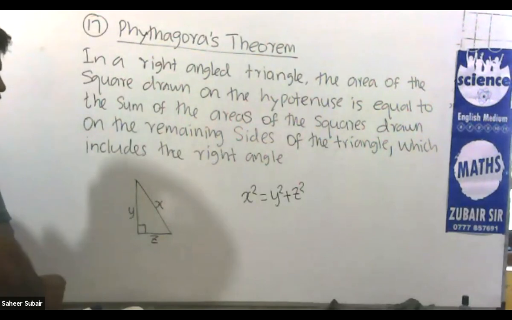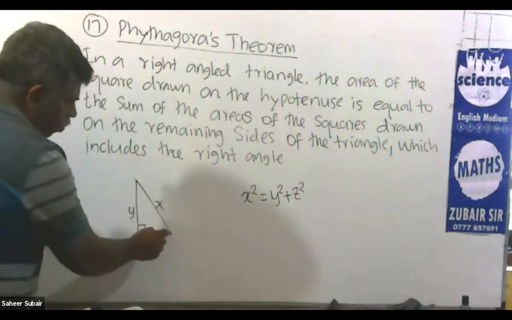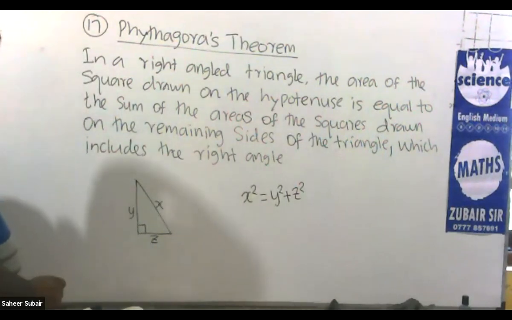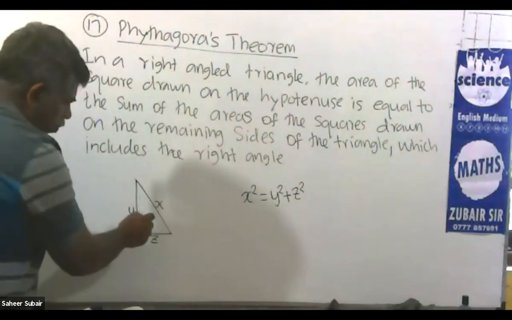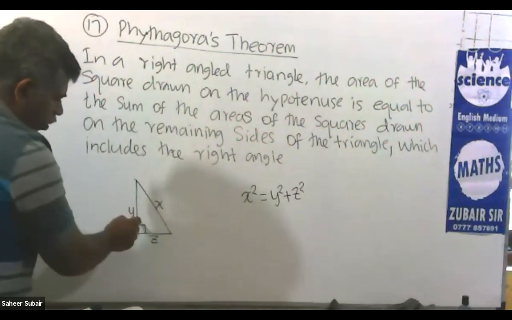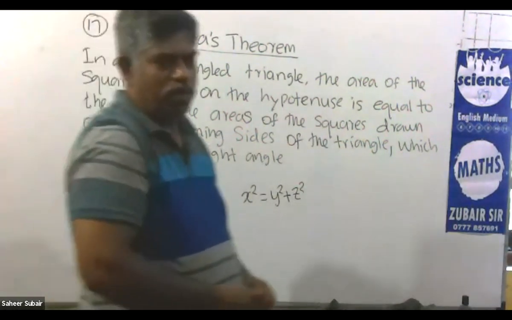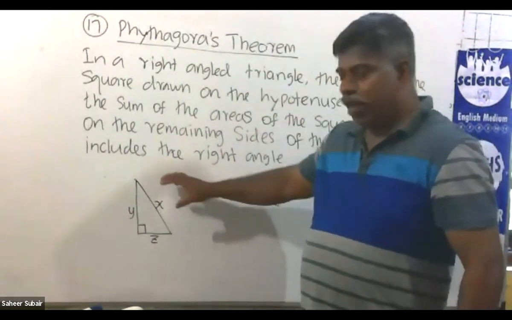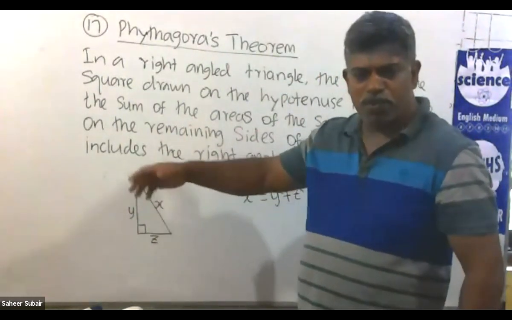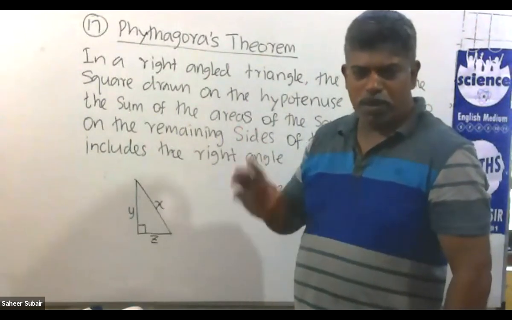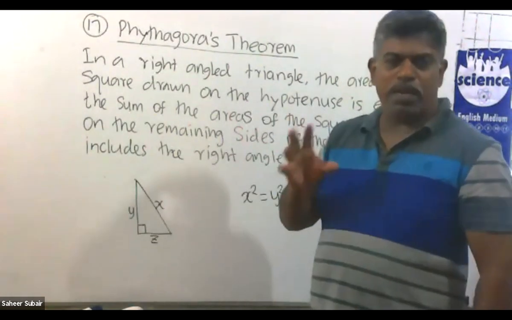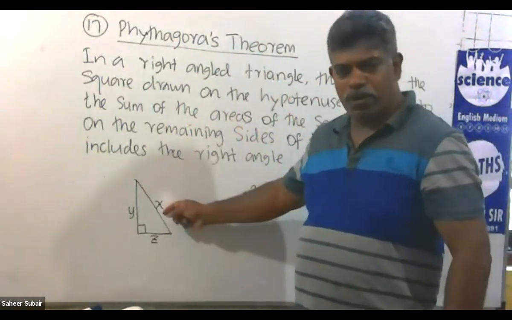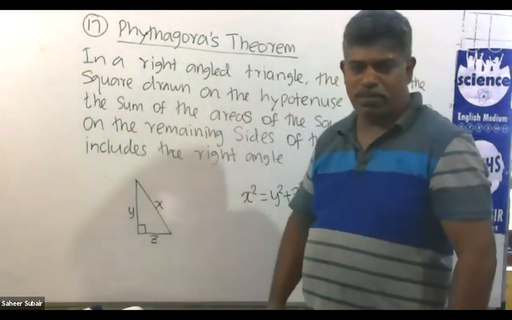Then what is the theorem? x squared equals y squared plus z squared. That means the hypotenuse squared is equal to y squared plus z squared. So Pythagoras says the area is equal to the sum of the other two areas. No problem. By that we can obtain a relation: the hypotenuse squared is equal to the sum of the other two sides squared.